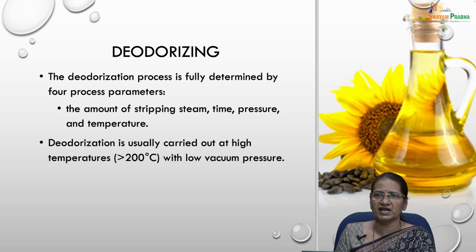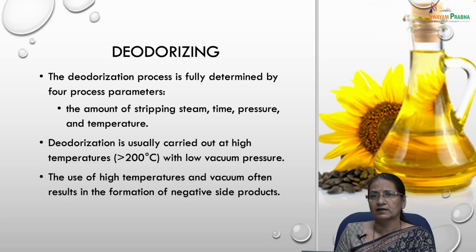Deodorization is usually carried out at high temperatures, that is above 200 degrees centigrade, with low vacuum pressure. The use of high temperatures and vacuum often results in the formation of negative side products.